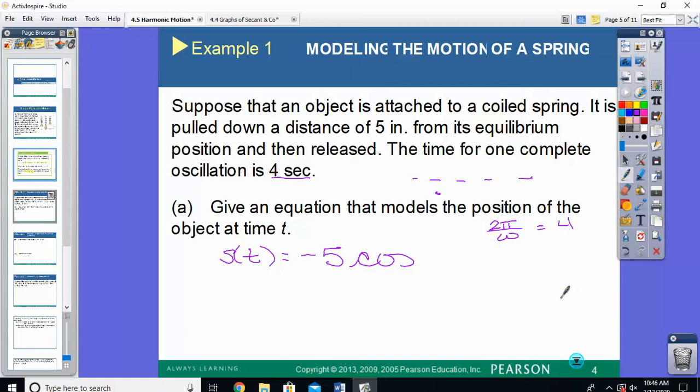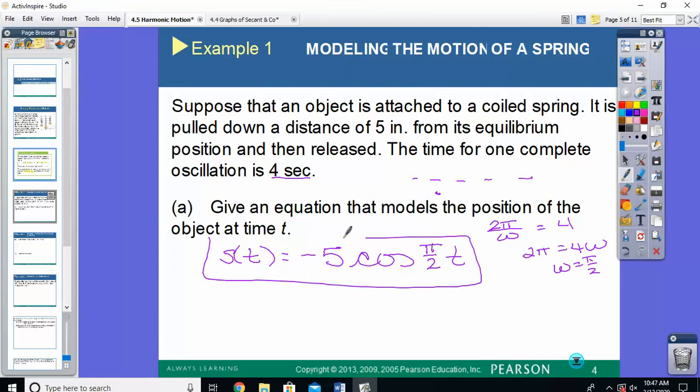And that equals 4. So if I want to solve, that means 2 pi equals 4 omega, divided by 4, so omega is pi over 2. So it's negative 5 cosine of pi over 2 t. That is my equation.